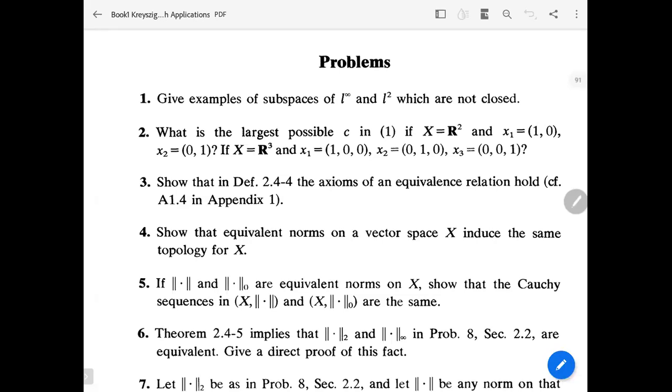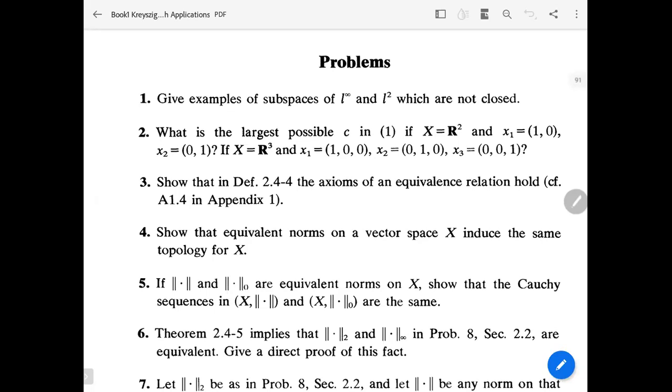So equivalence relation is a relation that is transitive, symmetric and reflexive. So you can consider the relation on the norms on a vector space. So you have a set of norms and you define the relation: one norm is equivalent to another one.